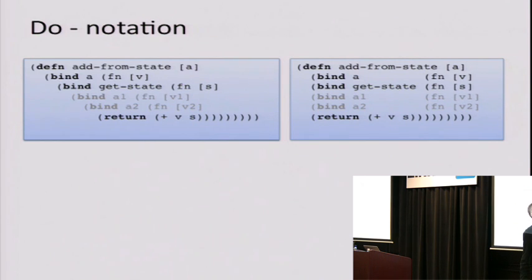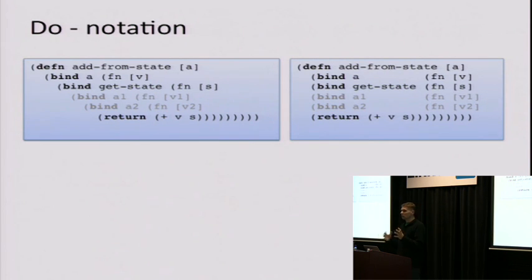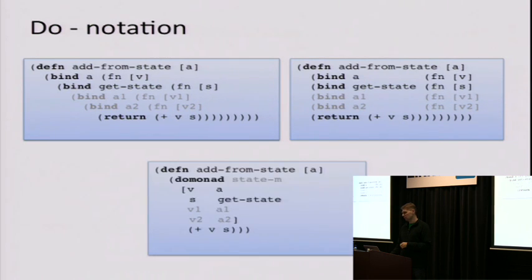You execute the action, pass it into the first value, execute the next action, pass it into the next value. This is a pattern that you can abstract really well by a macro. And this is actually implemented in the Clojure contrib monad library by Konrad Heinze.